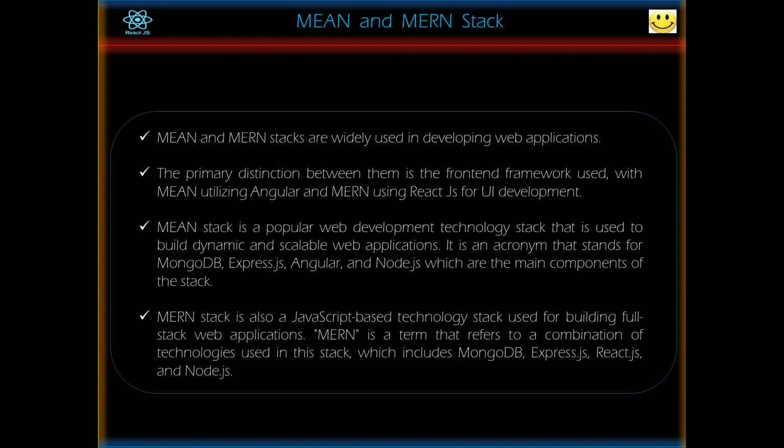MERN stack is also a JavaScript-based technology stack used for building full-stack web applications. MERN is a term that refers to a combination of technologies used in the stack, which includes MongoDB, Express.js, React.js, and Node.js.